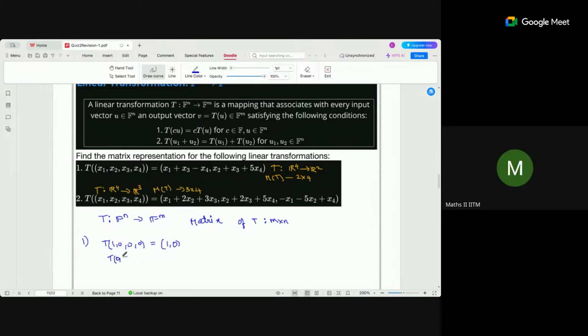What is T of 0, 1, 0, 0? 0, 1. What is T of 0, 0, 1, 0? 1, 1. What is T of 0, 0, 0, 1? -1 and 5.